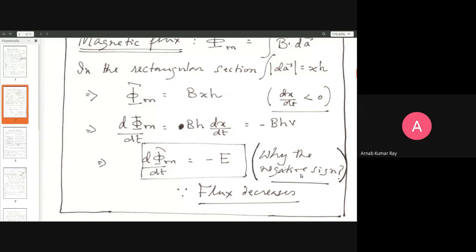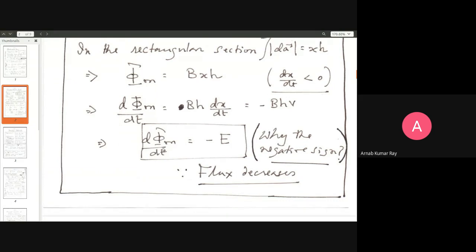I've written something over here, and I've given a hint over here. Since, of course, the flux decreases there's a minus sign, but I think you should know the answer. Why the negative sign? There is something called Lenz's law. Faraday's law and Lenz's law. I hope you have studied this at school.